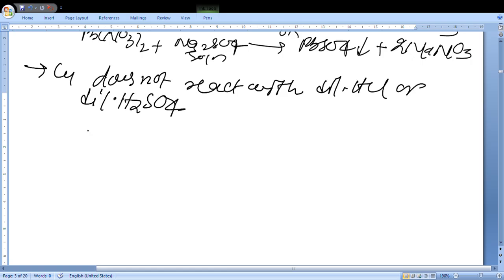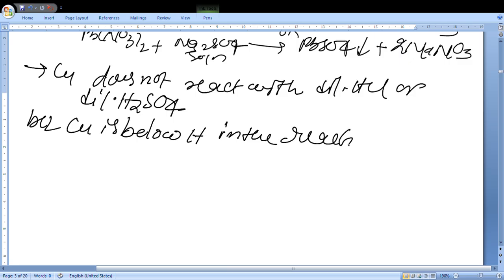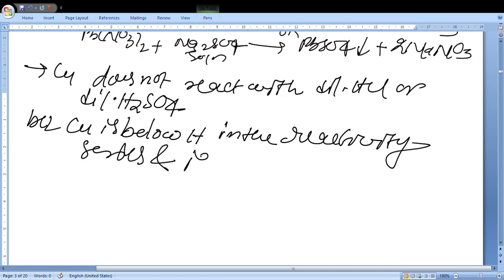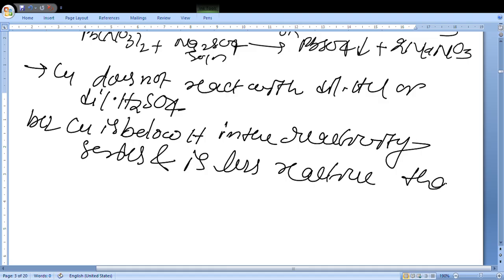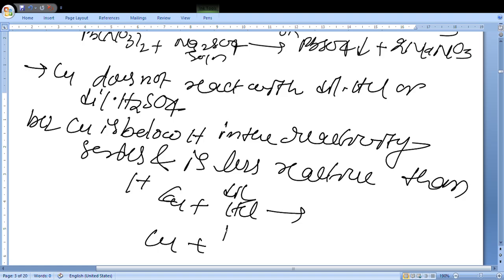This is because copper is below hydrogen in the reactivity series and is less reactive than hydrogen. That's why there will be no reaction between Cu and dilute HCl, or between Cu and dilute H2SO4. The reaction will not occur. No reaction and no reaction.